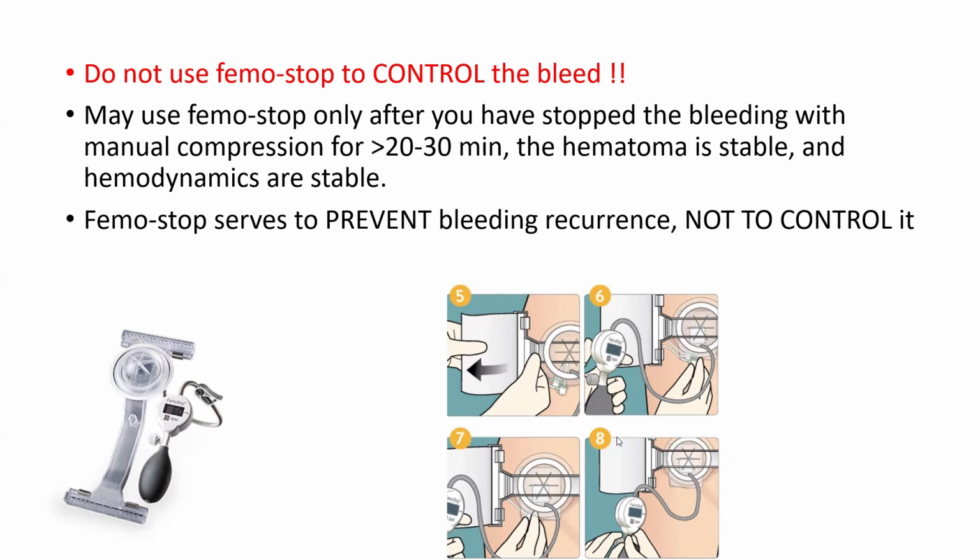And you can put it on at 0 millimeters of mercury. You don't need to inflate it above systolic blood pressure. You can put it on after you've controlled the bleed at 0 or a mild amount of pressure, 40, 50 millimeters of mercury, just to prevent rebleed, kind of like a sandbag.